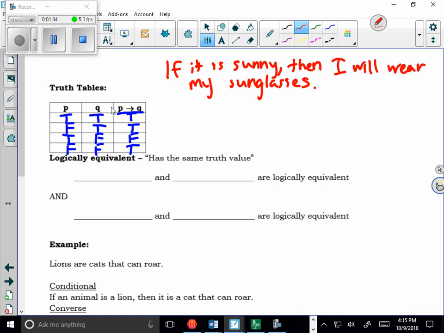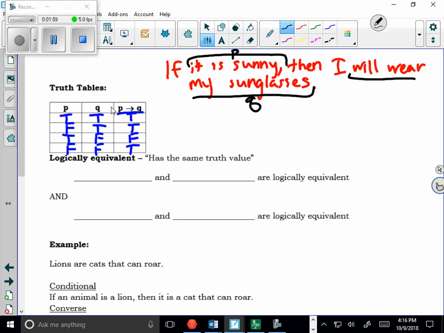So "it is sunny" is my P. My Q is "I will wear my sunglasses." That's my conclusion, because I am saying that if it's sunny out, the conclusion is I'll wear my sunglasses. So we can go through it.